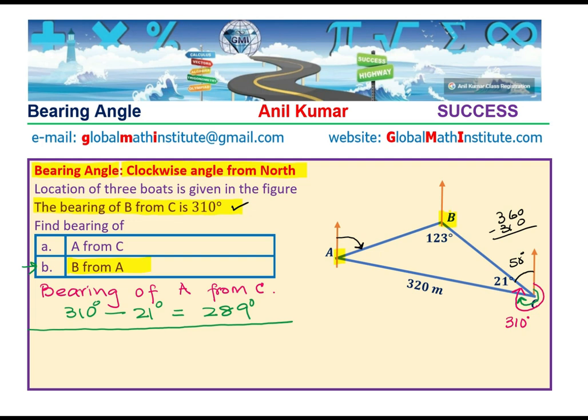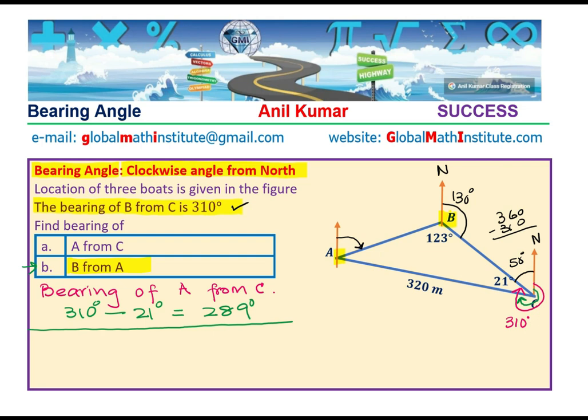Now, the orange arrows are all pointing north. You can see that, right? So two parallel lines, and BC is a transversal. So this angle should make 180 degrees with 50, which means it has to be 130 degrees. Makes sense? 130 degrees because the sum of these two angles should be 180 degrees.